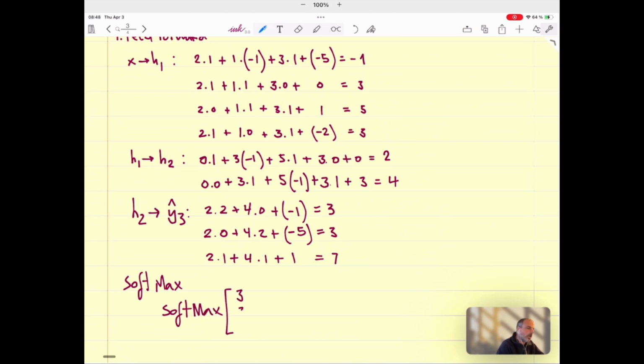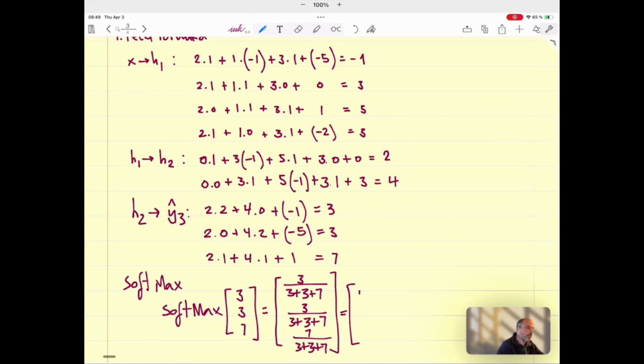All right, so this is going to be 3 divided by 3 plus 3 plus 7, 3 divided by 3 plus 3 plus 7, and 7 divided by 3 plus 3 plus 7. Okay? So if we do that, it's 0.23, 0.23, and 0.54.